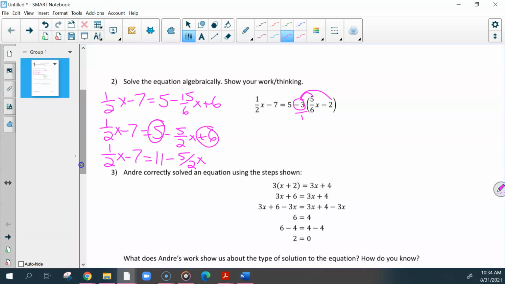I'm going to rewrite this over here. -7, 11. It does not matter what you started with. I'm going to move my 5/2 over to the left, and my 7 to the right.